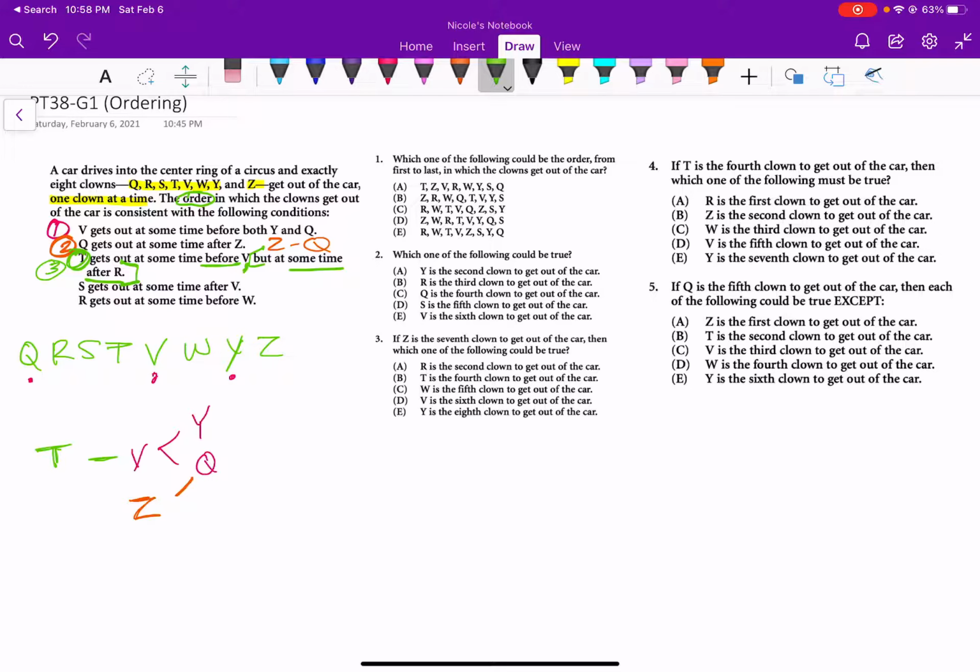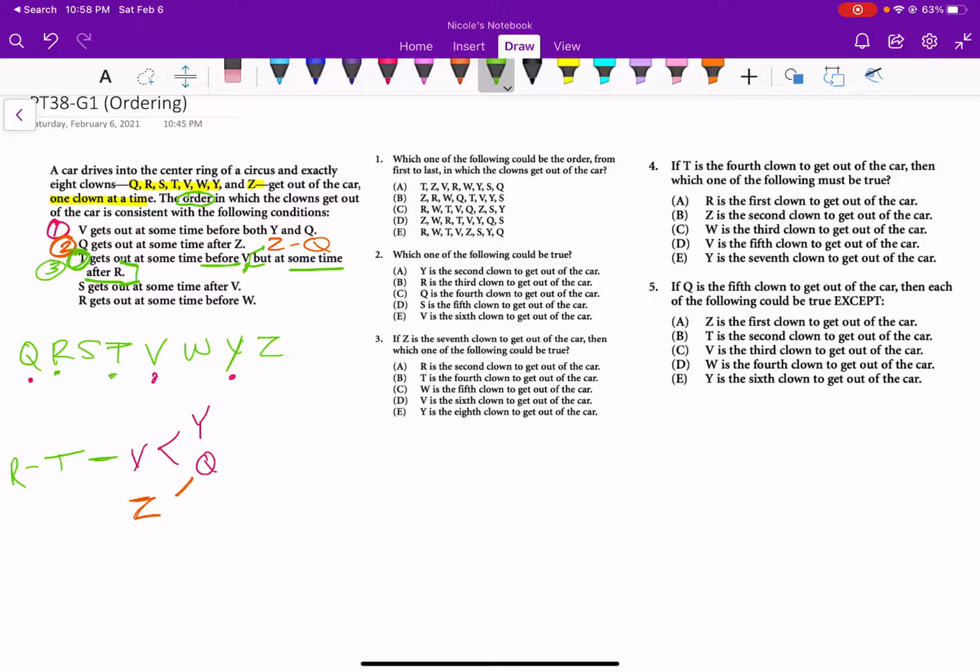But T gets out sometime after R. So I'm going to make this a little bit smaller. So I know that R comes before T. So we have R and T.